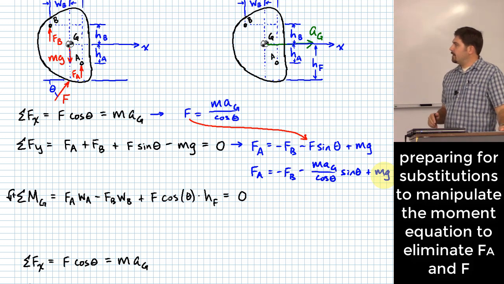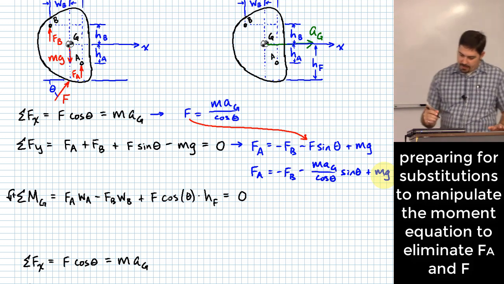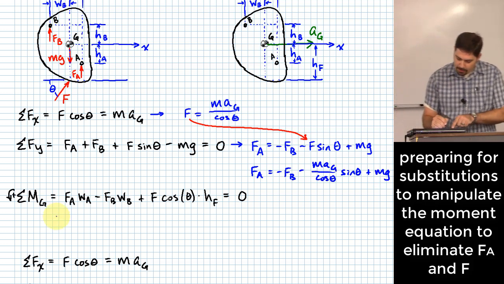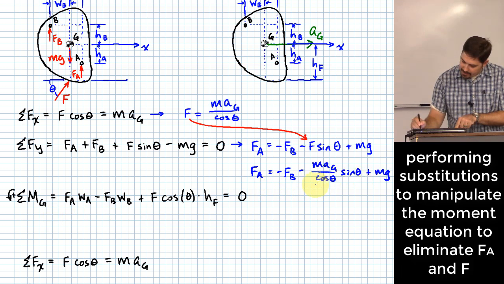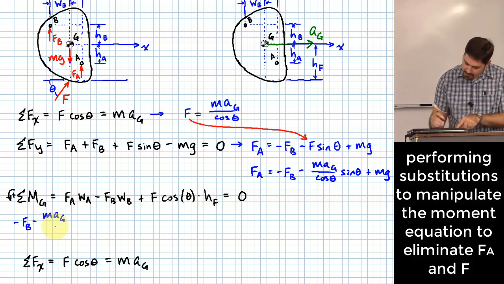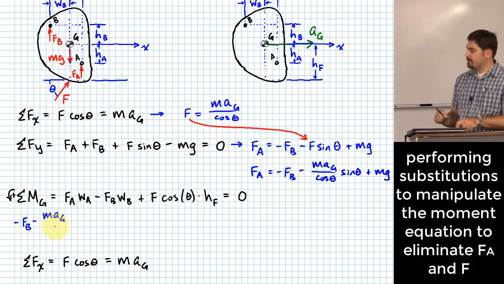Okay, and I want to replace that same F down here in this moment equation. So down here, let me actually do two things. I'm going to replace everywhere that I have FA with this whole expression right here. So I have minus FA, oh, not minus FA, minus FB, minus m a g, okay, and actually what is sine over cosine?